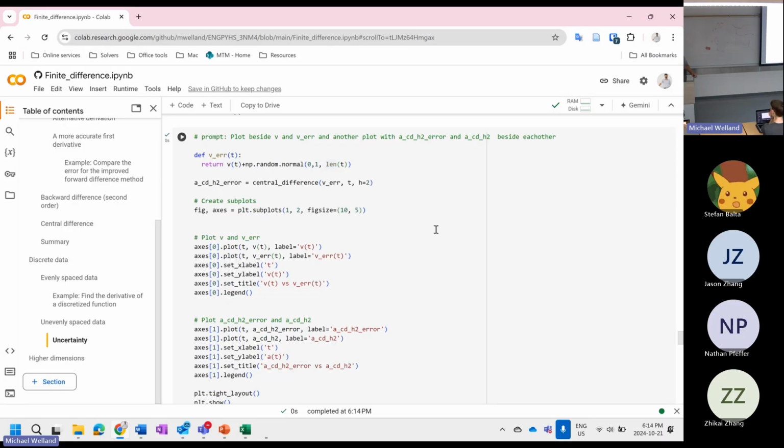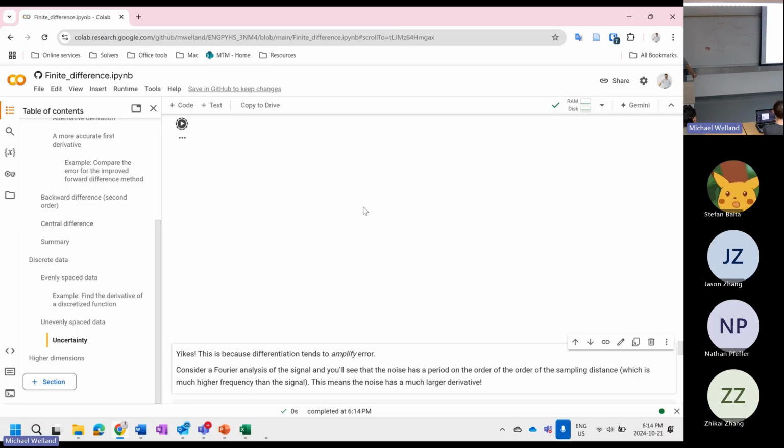And apparently there was a case where there was a lot of variation and people couldn't rely on the gradient. This is why you can't rely on the gradient. Okay, so let's introduce a new function, which is error, which is the velocity plus this random sampling of error. We calculate the error, we calculate the derivative using our best answer, which is central difference. And then we're going to plot it.